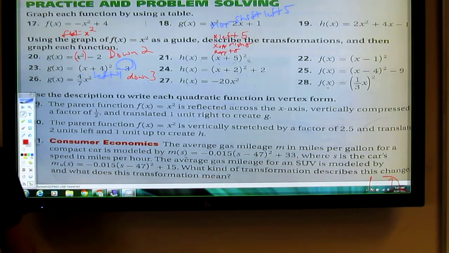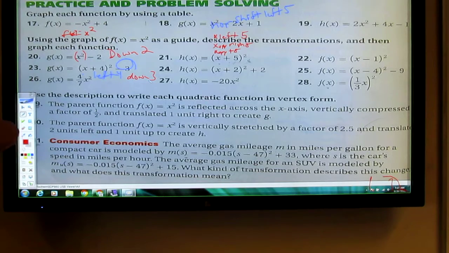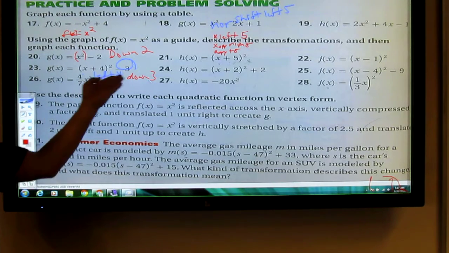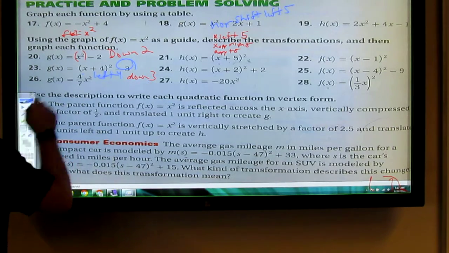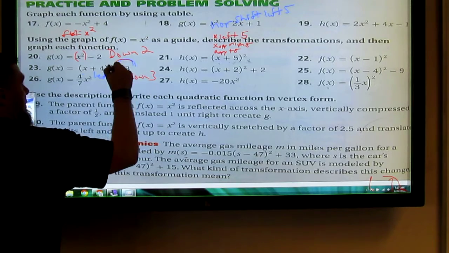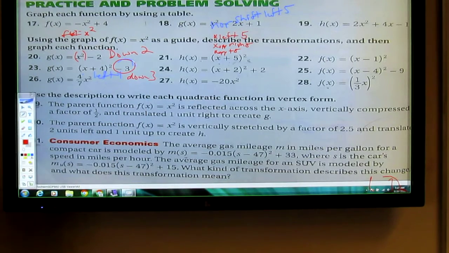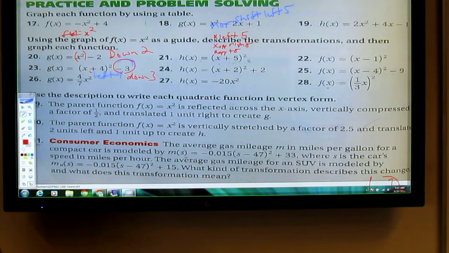Because a plus is right. Is that right? But we do the opposite against the X. Opposite of right is left. So left 4, down 3. Sorry, that's kind of cutting off the... Does that make sense? Left 4, down 3.